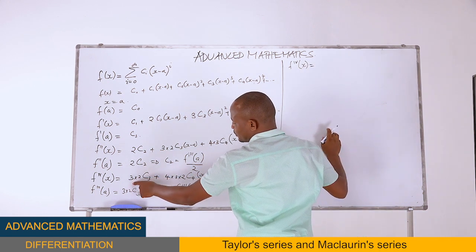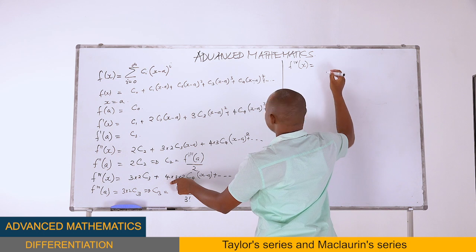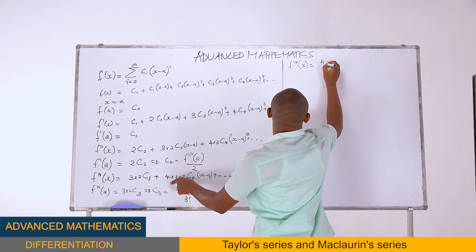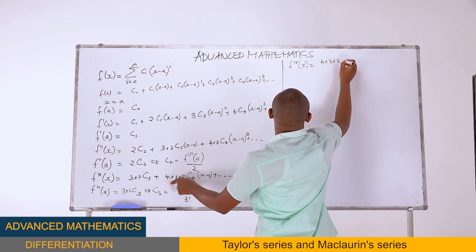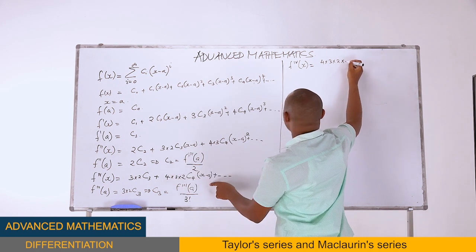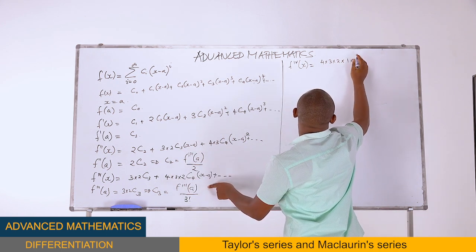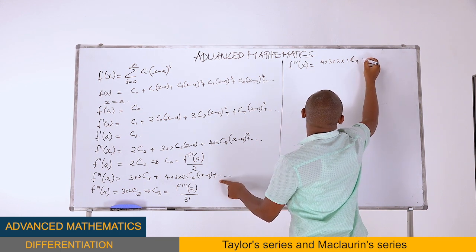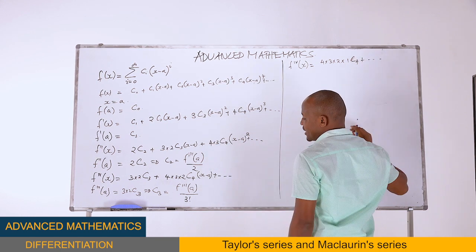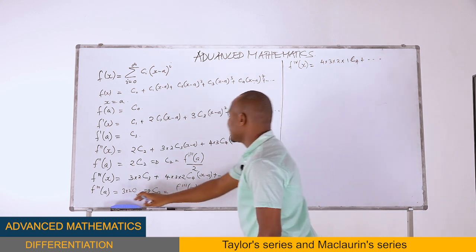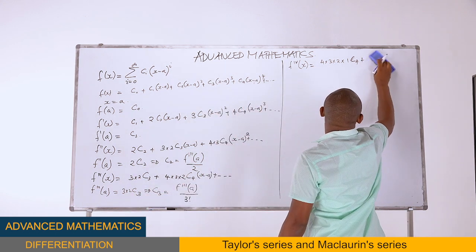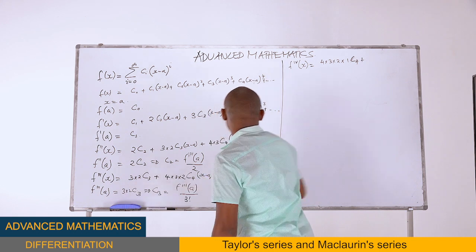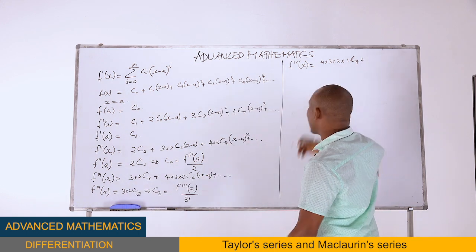So this will go, and we'll be left with 4 times 3 times 2, times c sub 4, plus other terms. If we try to deduce the other terms, you can deduce them, though we didn't write them in the first place. Let's check how it will look.